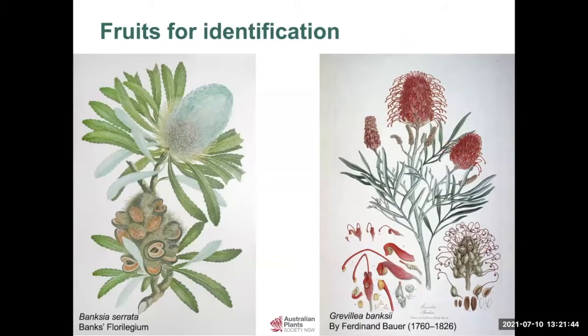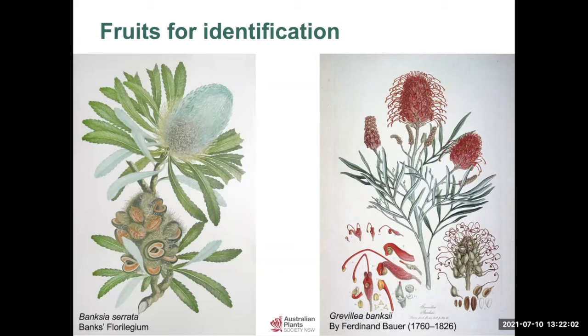Fruits are very important for identifying many species of plants. As I said, we do tend to focus a lot on the flowers, but the fruits can be just as important for identification, particularly for some genera and species.